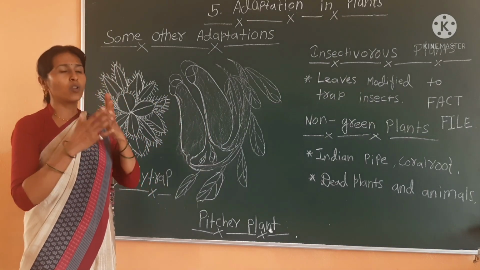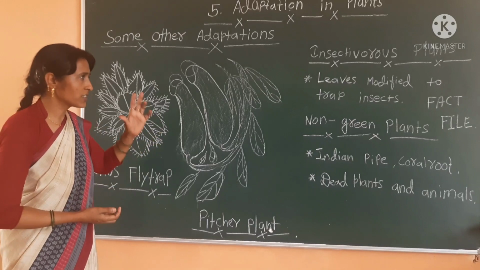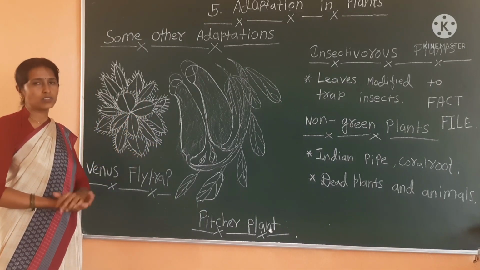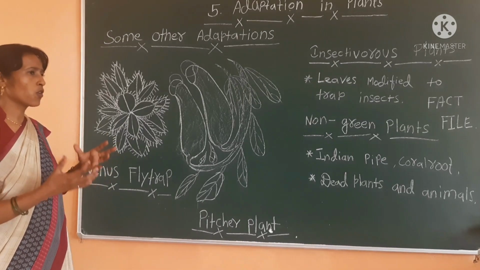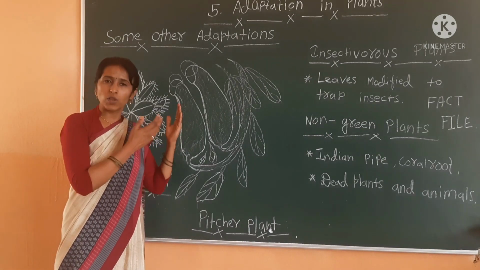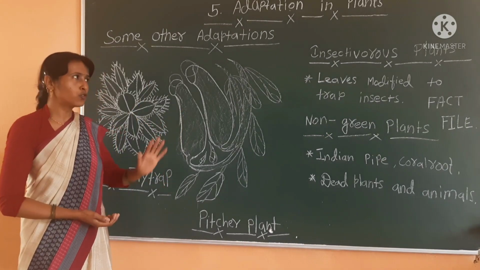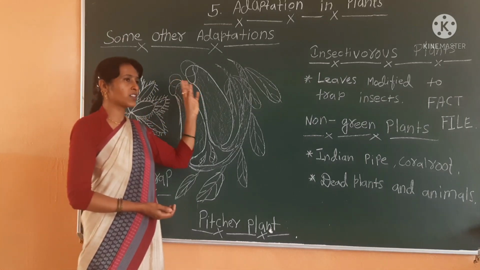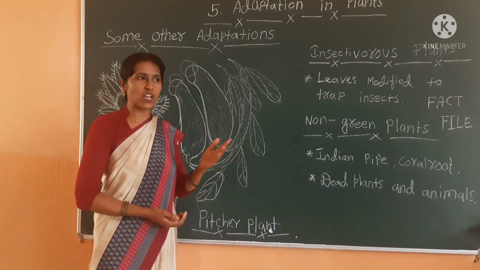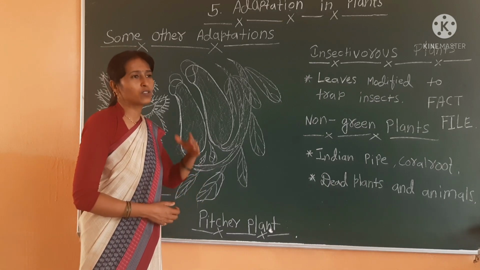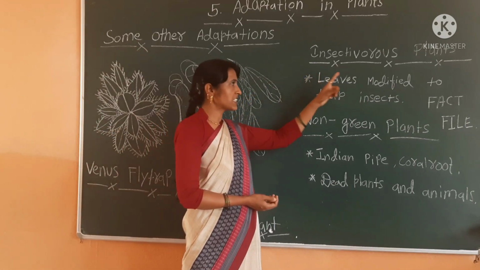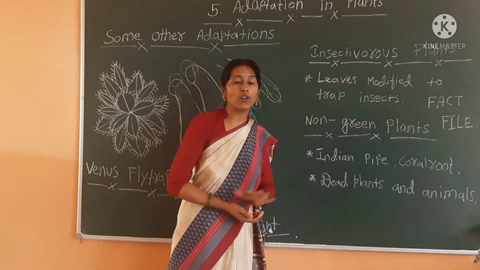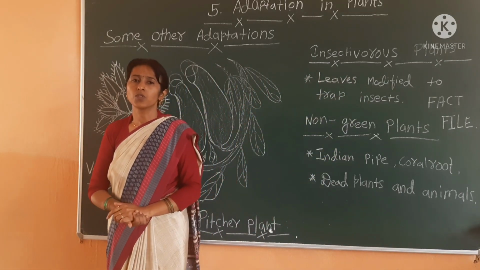But after all of these, there are some other plants found on earth which have another type of adaptation, which is not very much equal to all of them. Only 2 types of such plants have this other type of adaptation. They are insectivorous plants as well as non-green plants.